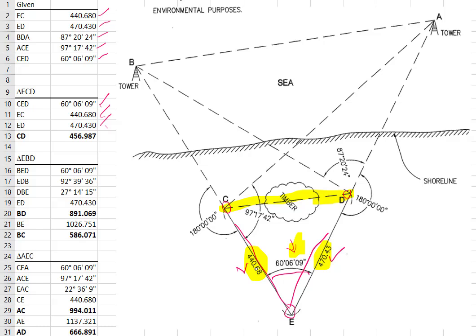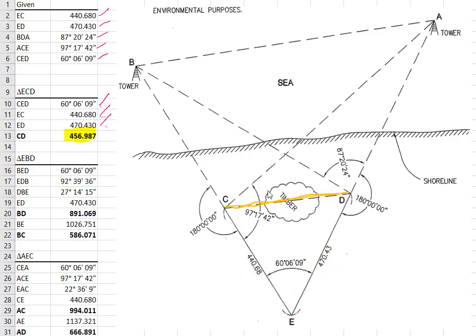So applying this will give me an answer of CD equals 456.987. So this is the first triangle that we considered, and we solved this triangle. Let's erase and then continue with the other triangles.